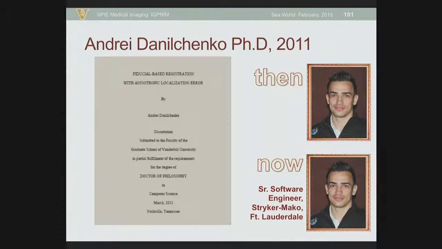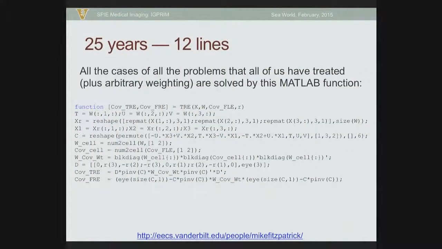At the buzzer. Here's an embarrassing thing for all of us in this field. I'm going to show you the solution to all these problems. It's in MATLAB. That's it. 12 lines of MATLAB, 25 years of work. So does this mean we're a bunch of stooges? I mean, doing all this work and this is all you need?